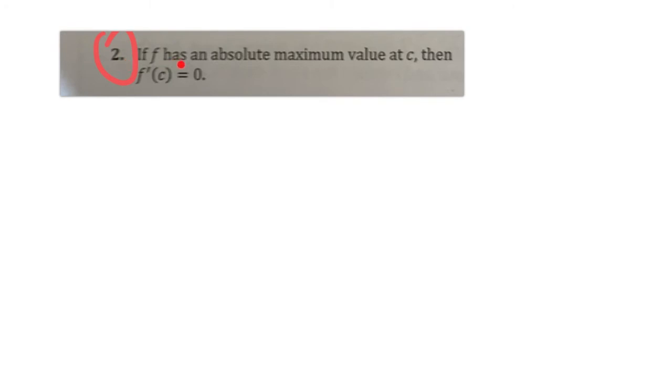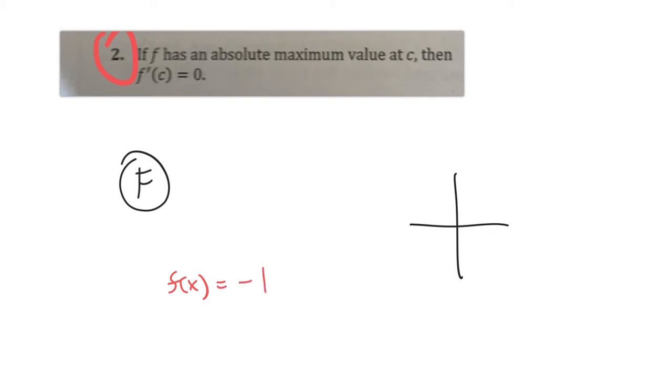For this one, if f has an absolute maximum value at c, then f prime of c equals 0. The answer to that is false. And actually, a counterexample would be nice. A nice counterexample would be something like the function negative absolute value of x, and that would be this right here.